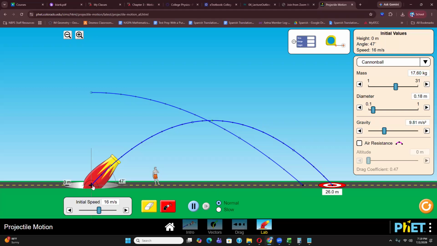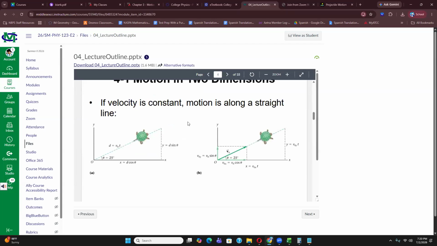So the object is slowing down, reaches a maximum height, and then it falls due to gravity. So there is only acceleration on the y component, on the vertical. On the horizontal, there is not. So the first thing that we need to review is how you break the velocity into components.